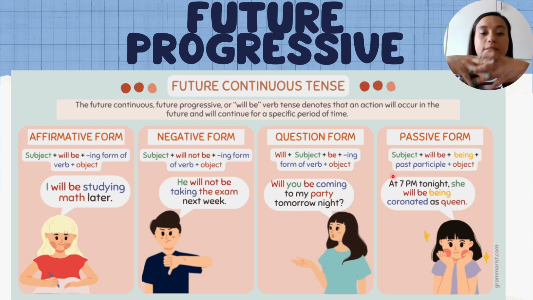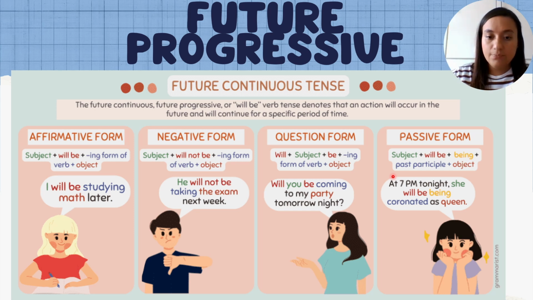Remember, this future progressive or continuous tense is related to a specific time in the future in which you are going to do these things. And the passive form is not going to be explained in this video, but you already know how it works.